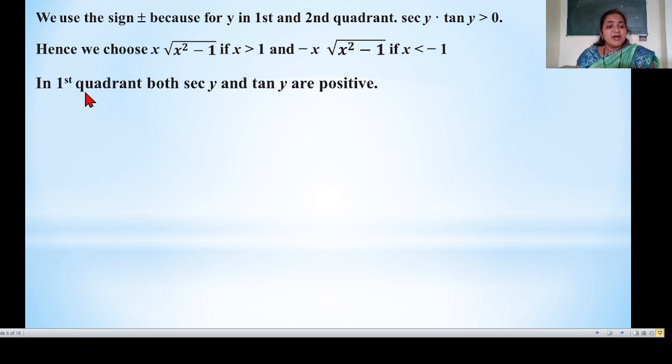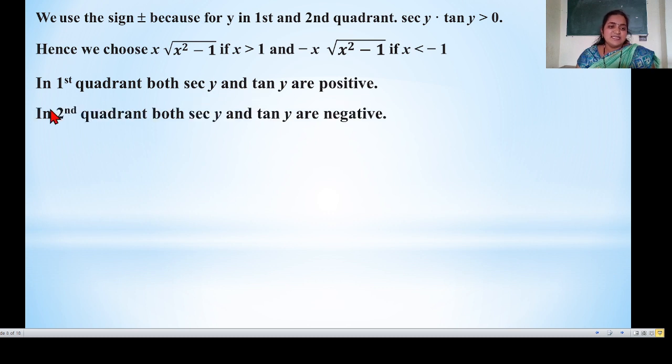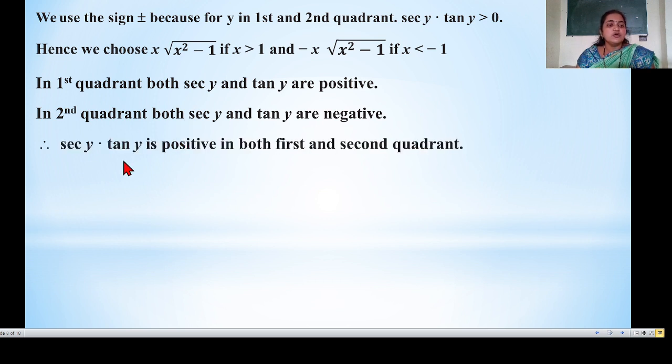So in the first quadrant, both sec y and tan y are positive. And in the second quadrant, both sec y and tan y are negative. If both are positive, the product is also positive. If both are negative, the product is also positive. So therefore sec y multiplied by tan y is positive in both first and second quadrant.